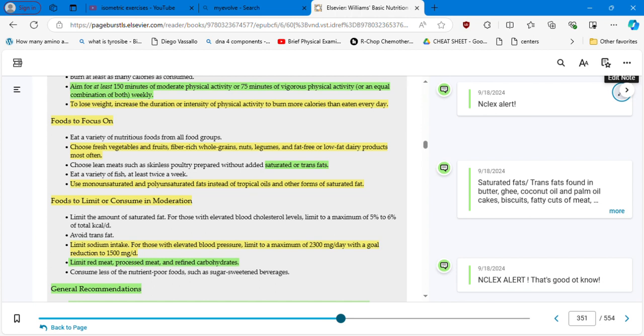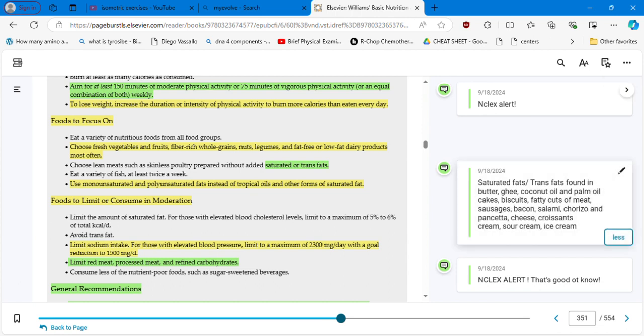Or any form of saturated fat. So saturated fats and trans fats are found in butter, ghee. Okay. No, because ghee is the authentic butter, does not have any chemicals, but it is saturated fat, trans fat. Okay, it's delicious. Yes, I tried, but the cholesterol goes to the roof. Coconut oil is not for cooking.